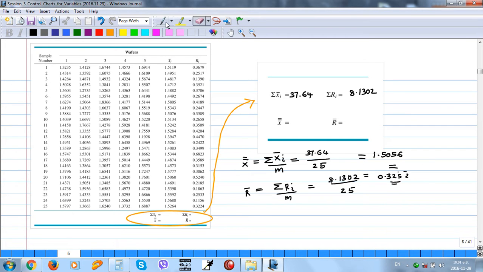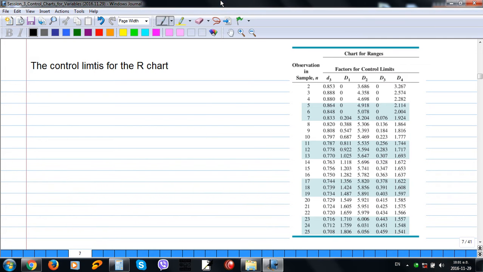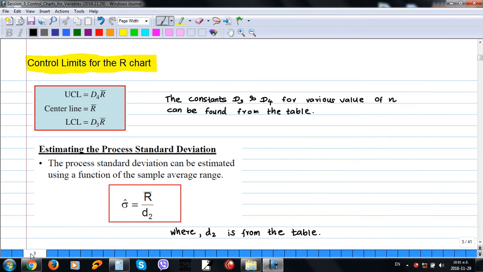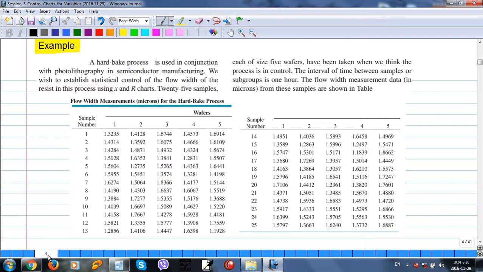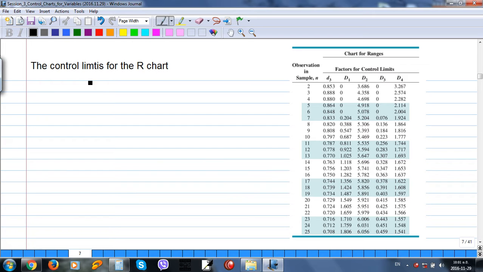So now you can find the control limits for the R chart. For the R chart, upper control limit equals d4 R bar, center line is R bar, and lower control limit is d3 R bar. So you have to substitute these and find the control limits.